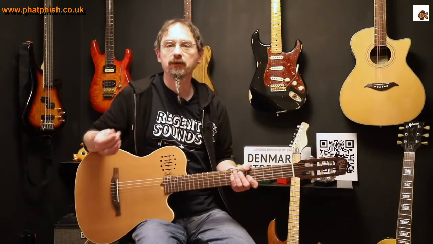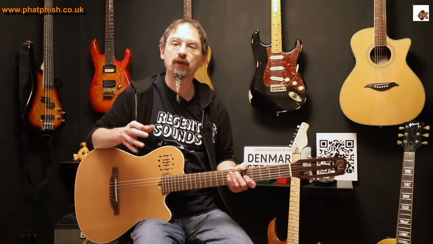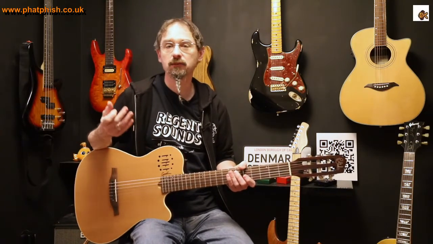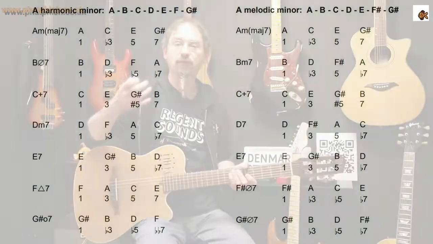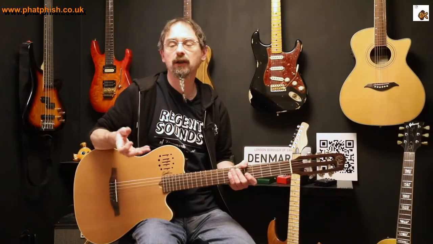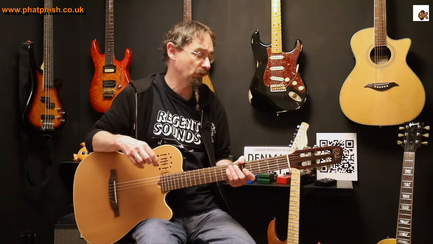Looking at the other types of minor scale, like the harmonic minor and the melodic minor, just because of the way the notes are organised, the intervals between them, you naturally get a dominant 7th chord on the 5th degree in both. In melodic minor, you also get a dominant 7th chord on the 4th degree. But yeah, that 5 7 to 1 minor chord sequence in a minor key is quite common, very useful.